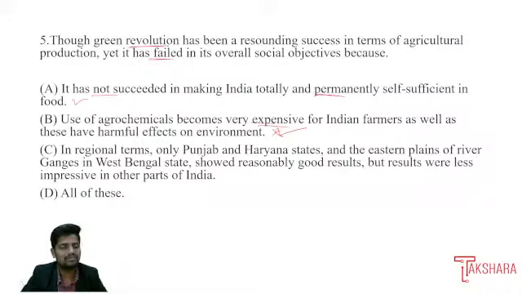So, with all these conditions related to social objectives, the green revolution concept failed in India. So all of the above is correct, so option D will be the correct answer for question number 5.